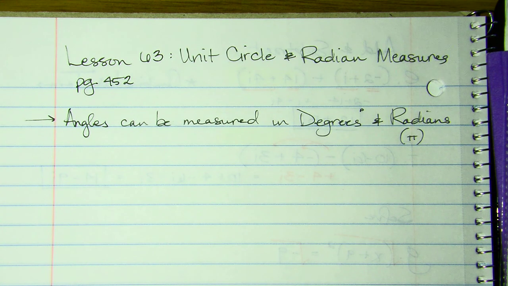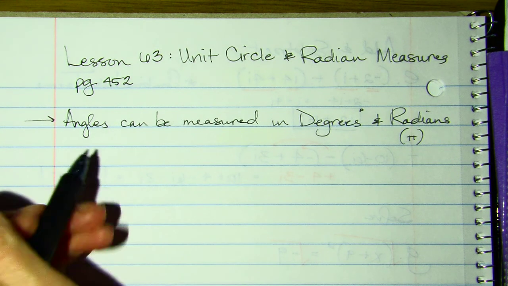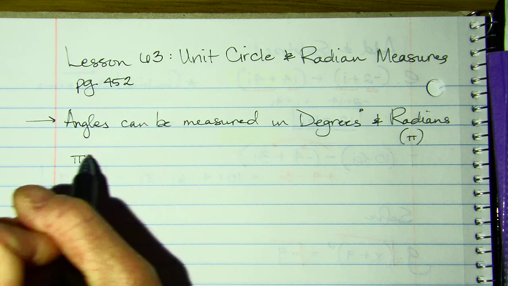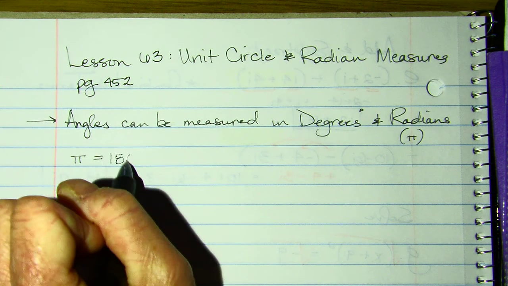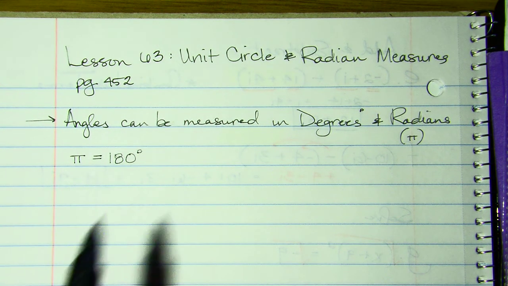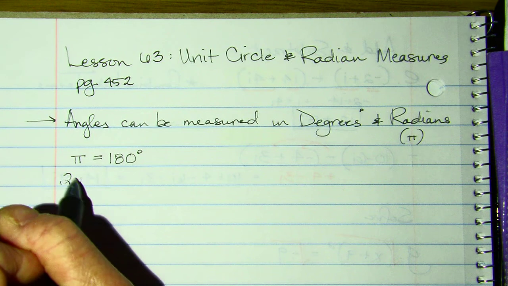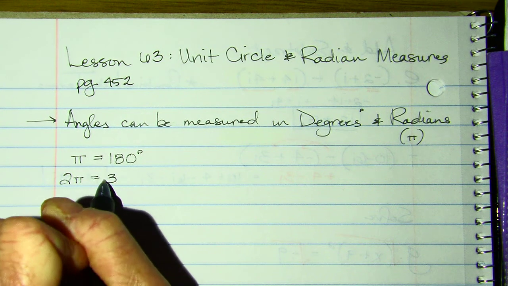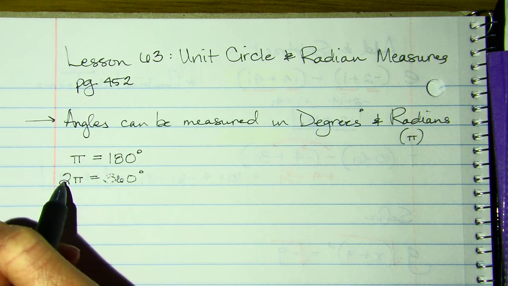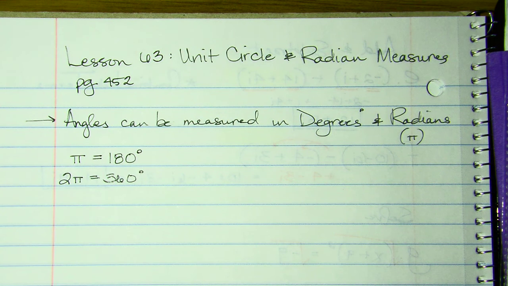For example, if I know that pi radians equals 180 degrees, and I know that 2 pi equals 360, because 2 times 180 is 360.